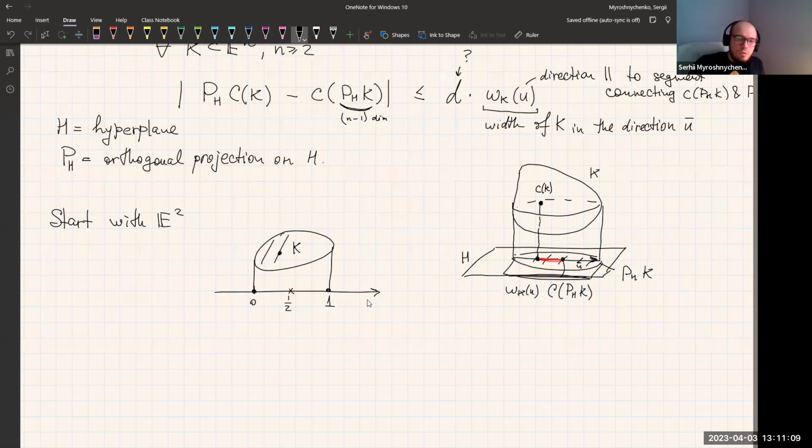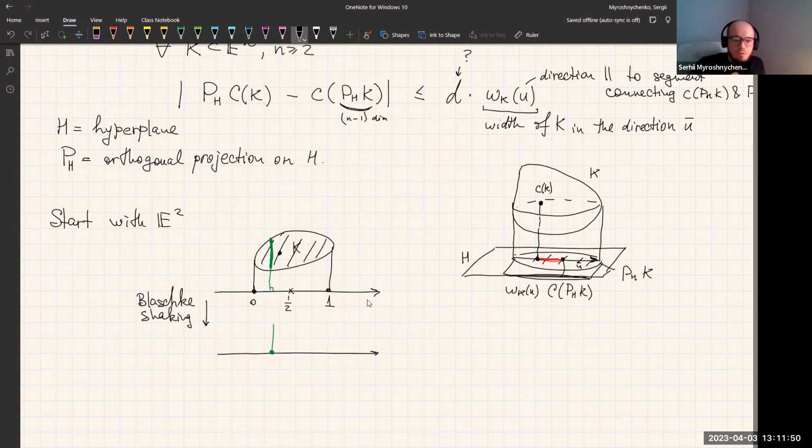So the first step to make it work would be the Blaschke shaking. We're going to keep this segment and take a fiber, a one-dimensional segment inside our body perpendicular to this line, and move it down so its lower end ends up on the axis that we're interested in.